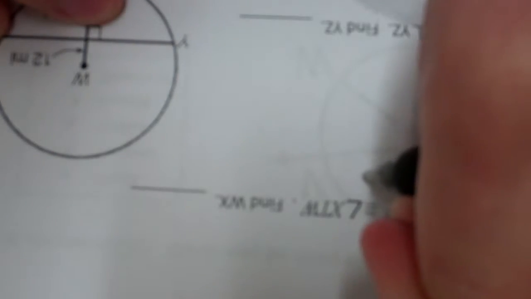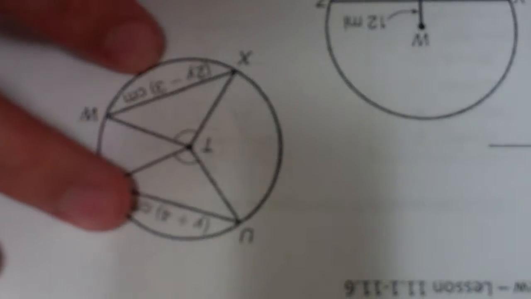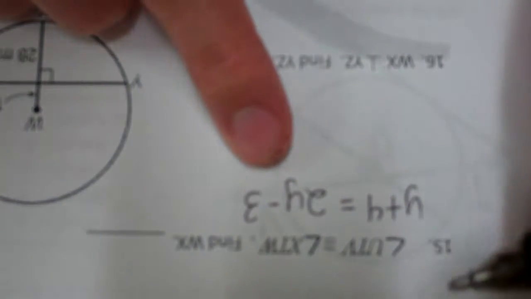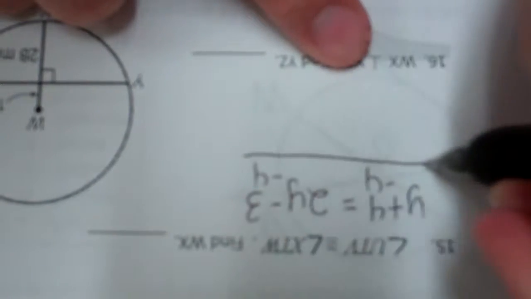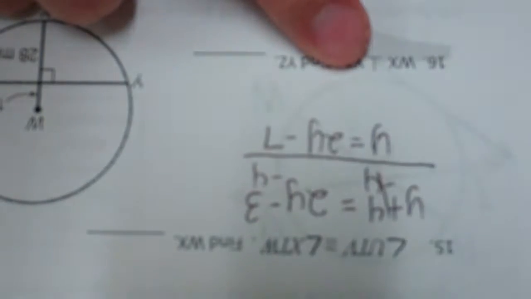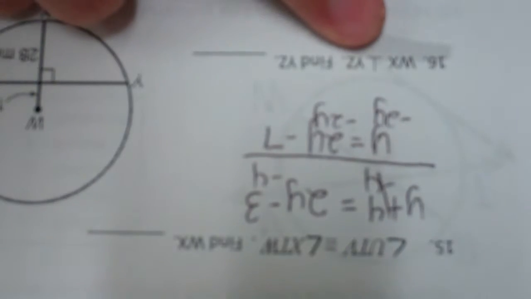So for number 15, we're going to set the two chords equal. y plus 4 equals 2y minus 3. So these two chords, set them equal. Okay, subtract 4 from each side. y equals 2y minus 7. Subtract 2y from each side.